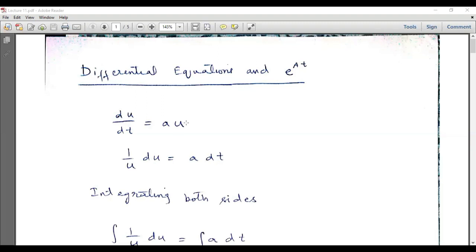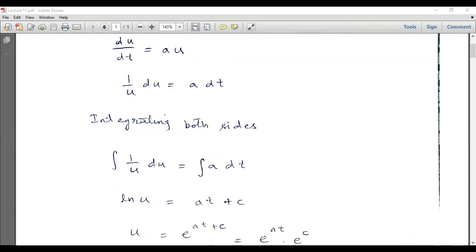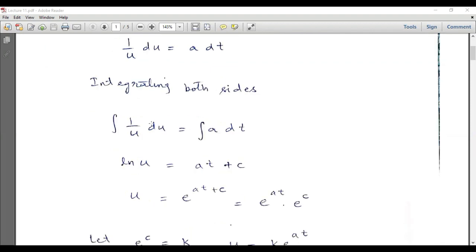For example, we can take all terms containing u at the left hand side, and all other terms can be taken to the right hand side. So du over u is equal to a times dt. So integrating both sides, we will have integral of 1 by u du is equal to integral of a dt, and it will be equal to natural log of u, and the integration of this expression will be at plus c.